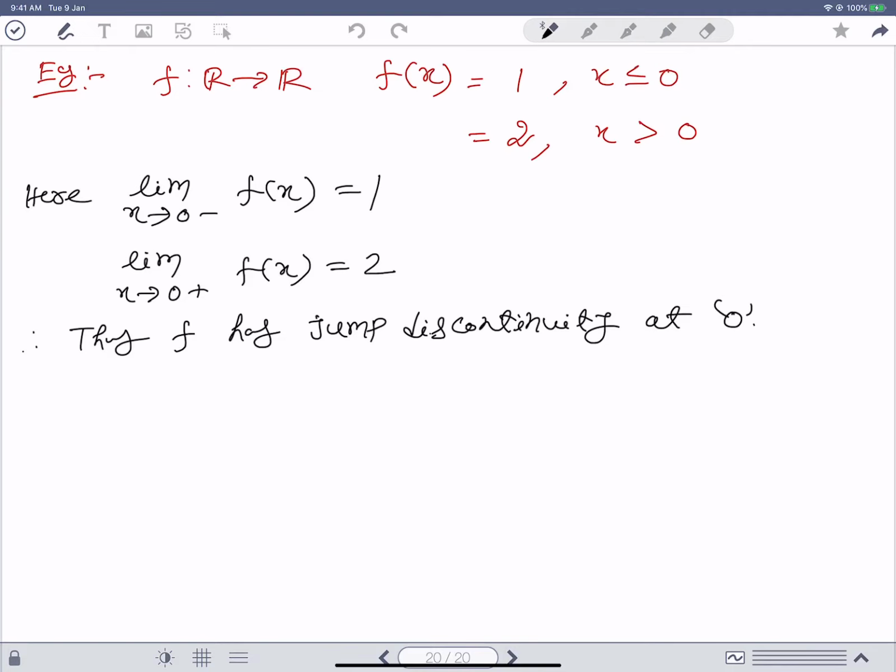Fine. Now there is another type of discontinuity. This is called essential discontinuity, or discontinuity of second kind.